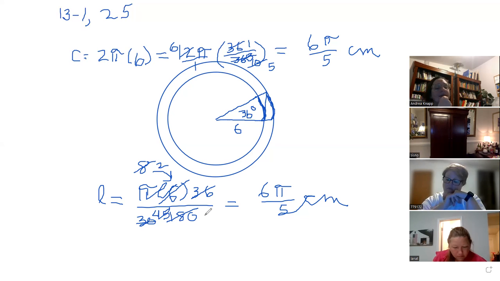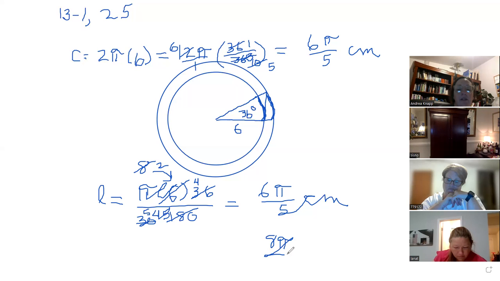36 and 45, do they share a common factor? 9. So 36 divided by 9 is 4. 45 divided by 9 is 5. And then we still have this 2 hanging around up here. So we would have 2 times 4 is 8. There's still a pi.